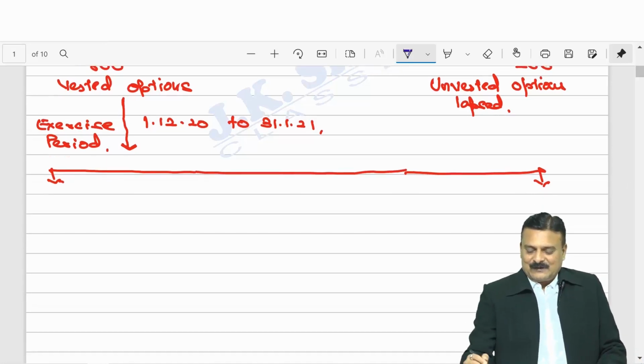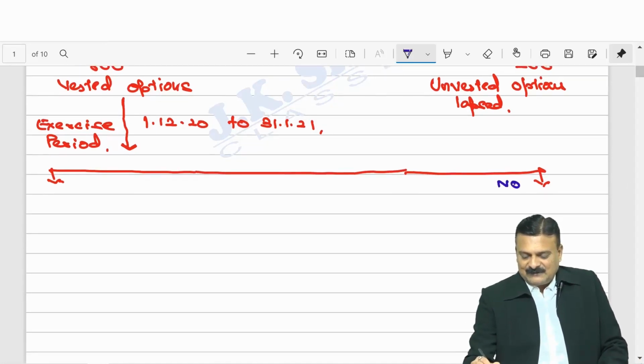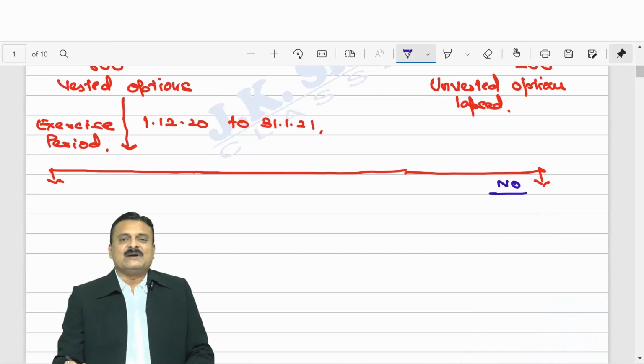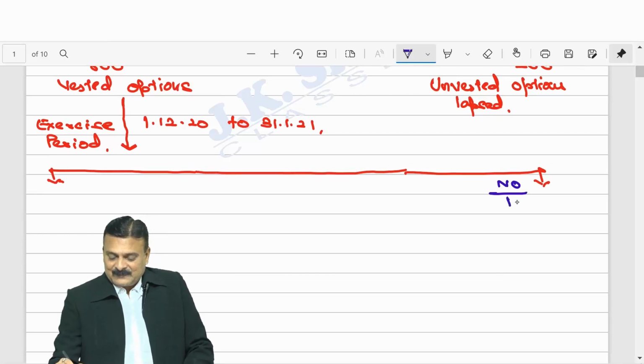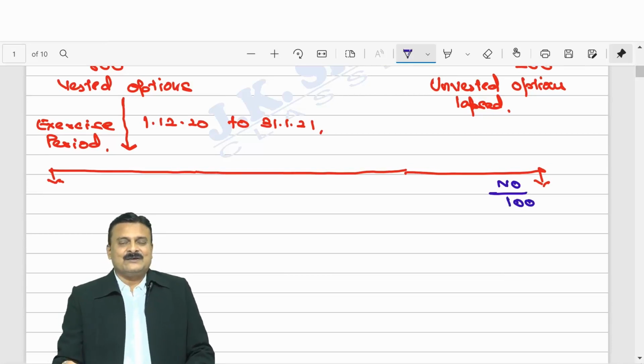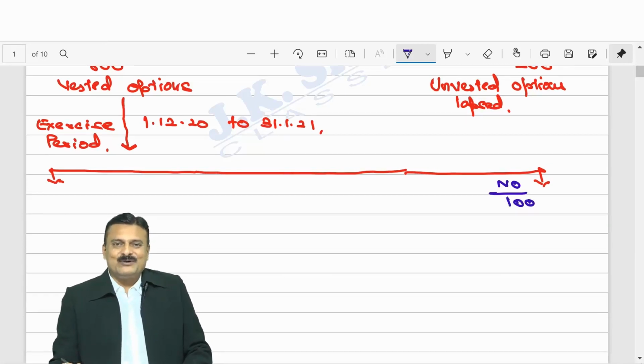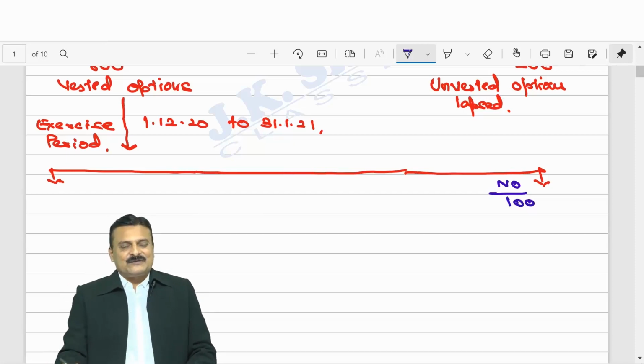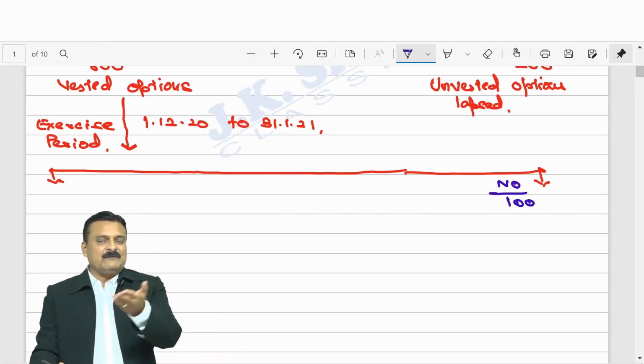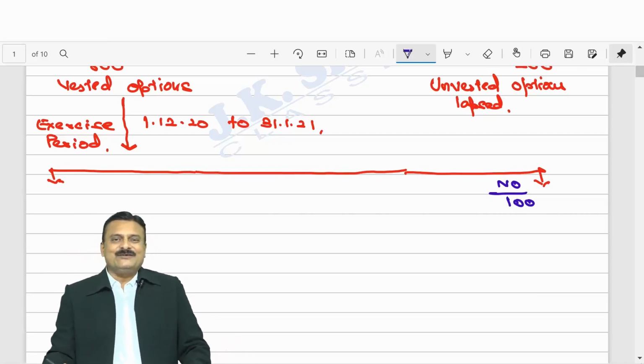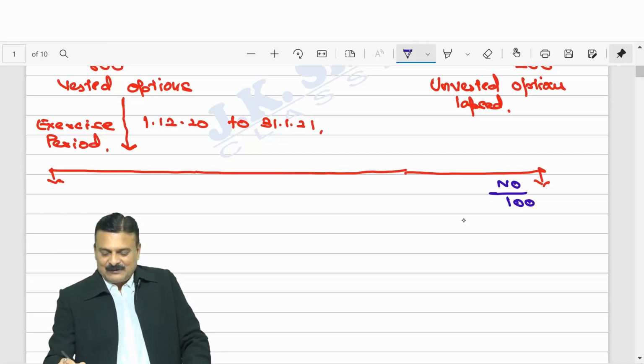So after saying yes, when money payment comes, that okay, you pay the money, a further 100 say no, we will not be able to pay the money, kindly cancel our name. These 100 will also lapse. Your company does not have to issue or allot any shares to these people. This will be called vested options lapse.